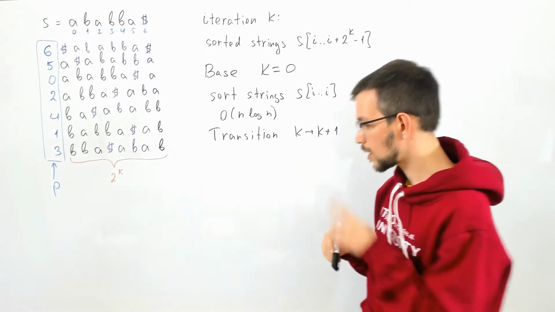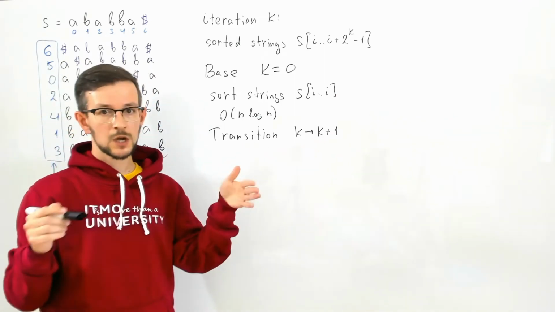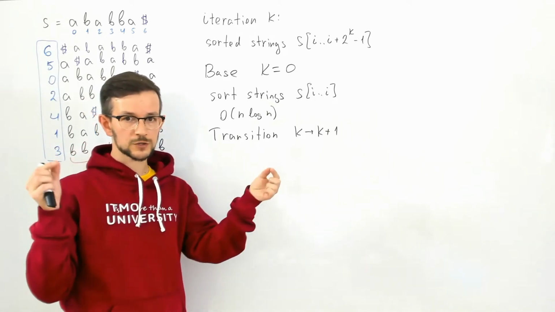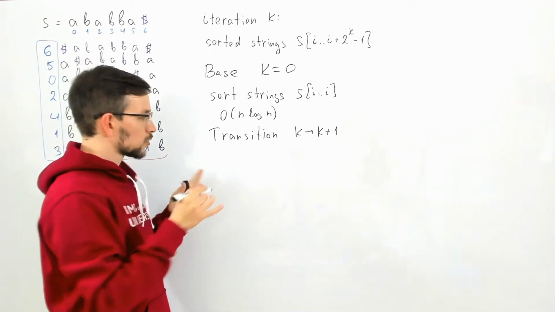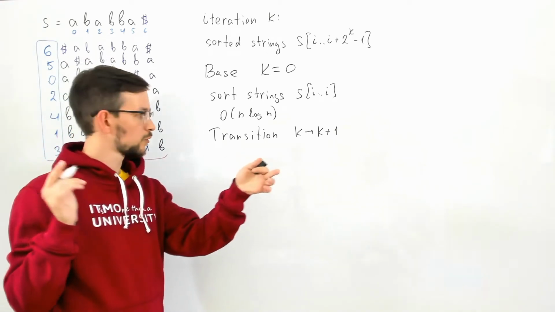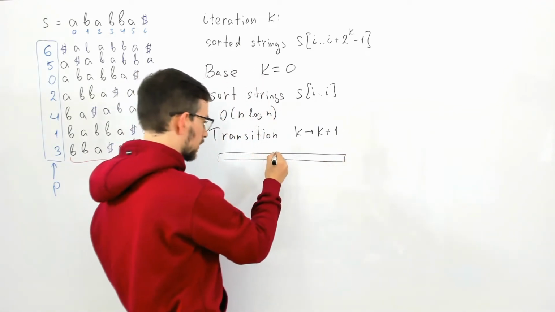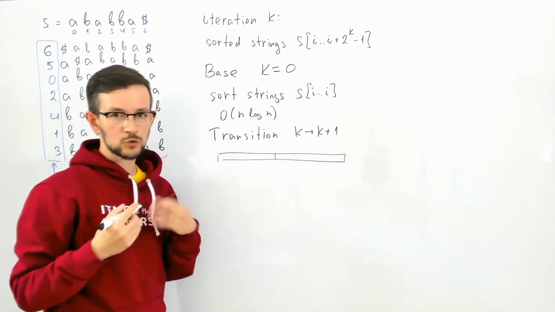So how can we do it? To sort these large strings, we will simply try to compare two strings of length 2 to the power of k plus 1 first. So let's look at two strings whose length is 2 to the power of k plus 1.